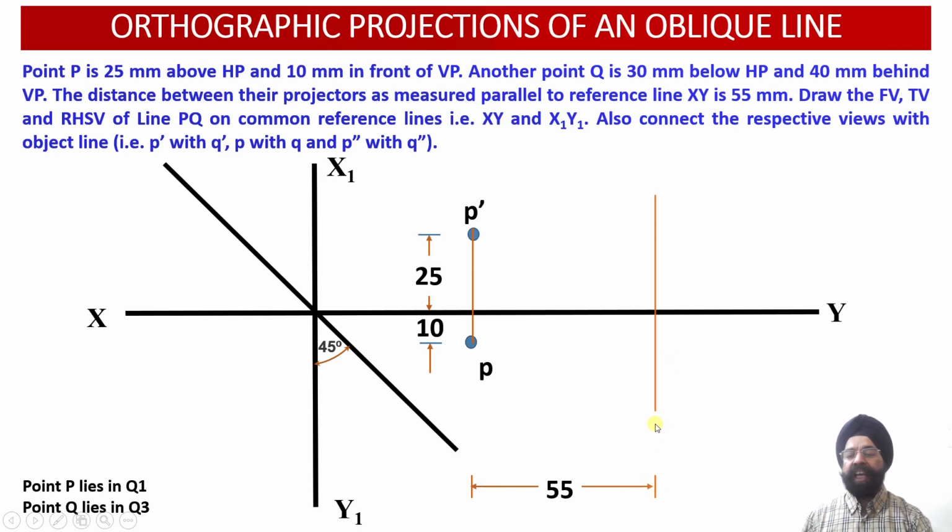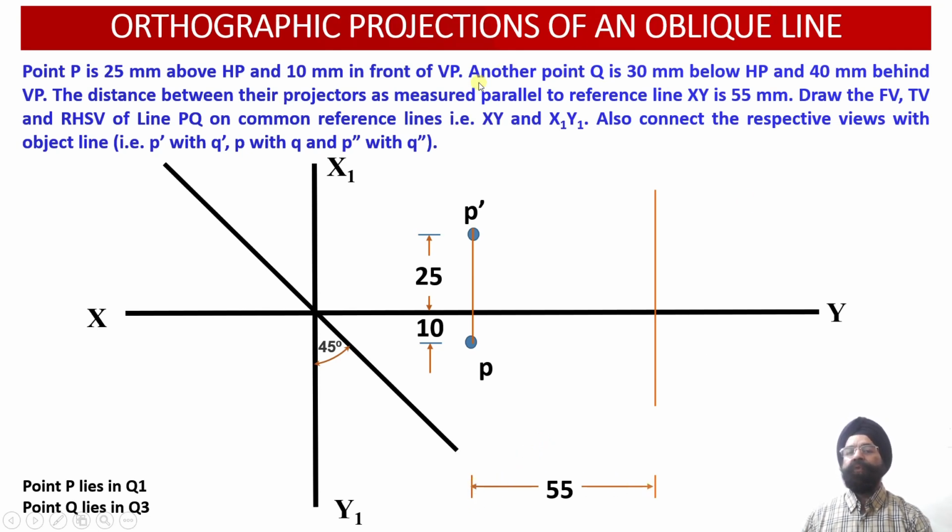So this vertical projector line we can now draw corresponding to the point Q. Now we are going to obtain the front view and the top view projections corresponding to the point Q onto this vertical projector line. This distance happens to be 55 millimeter, as has been indicated over here.